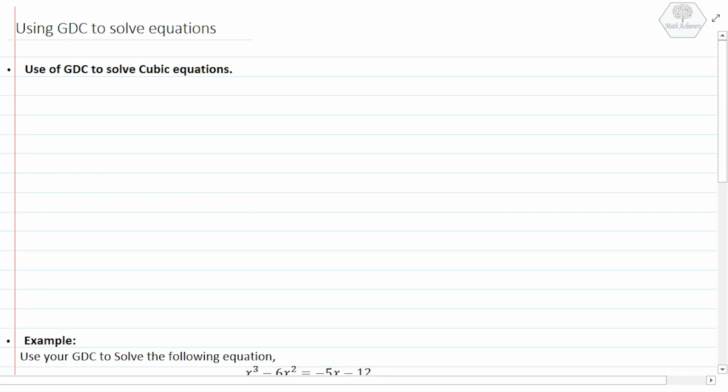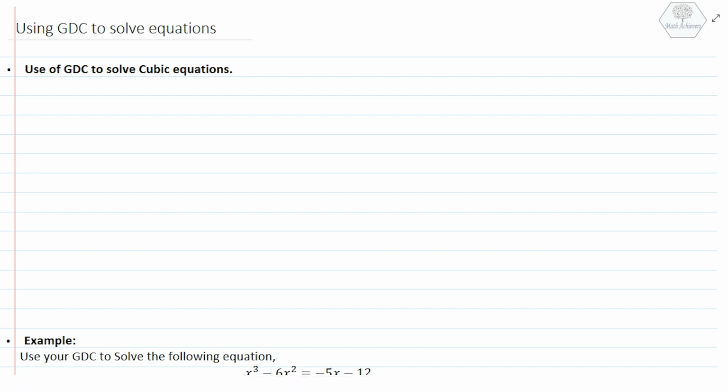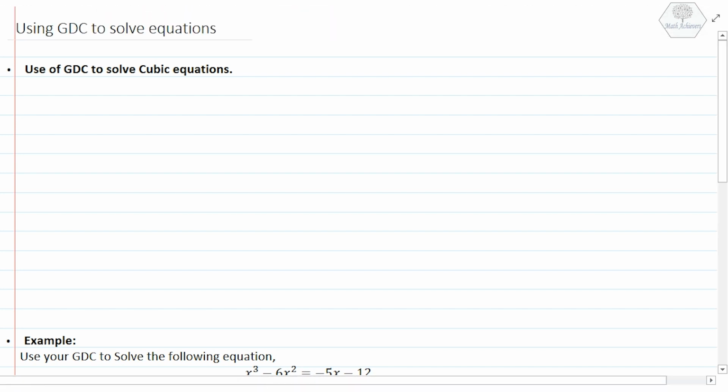Let's now talk about solving cubic equations using our graphical display calculator. The general form for a cubic equation is ax cubed plus bx squared plus cx plus d is equal to 0.